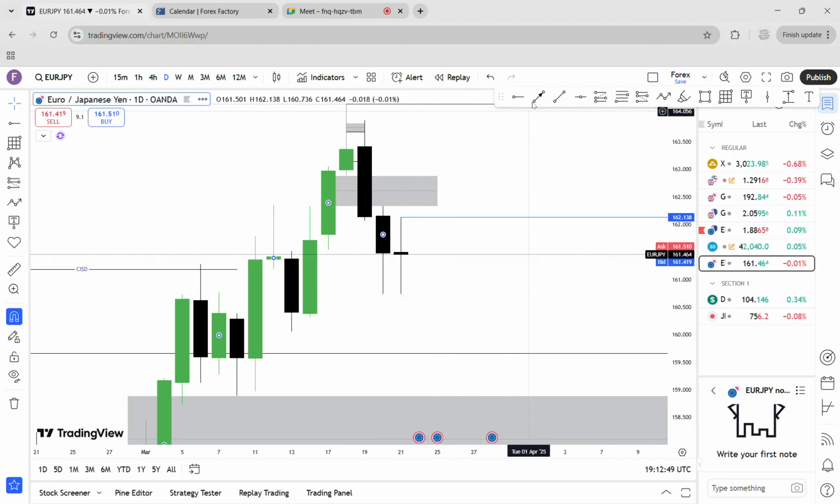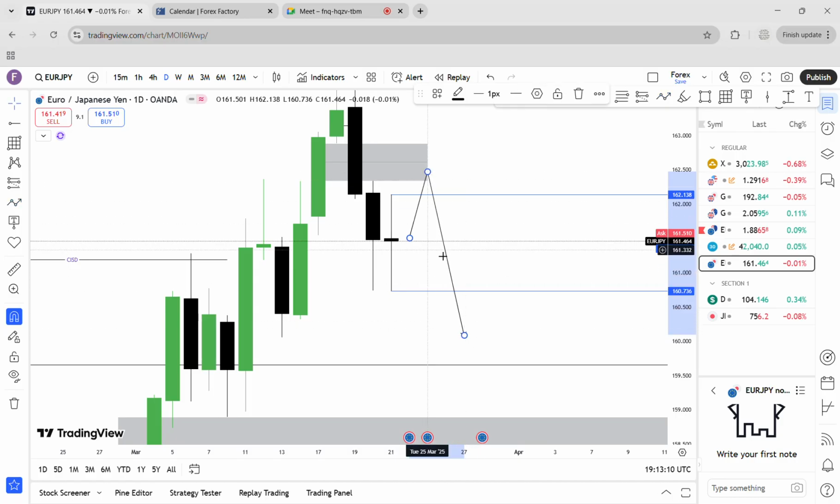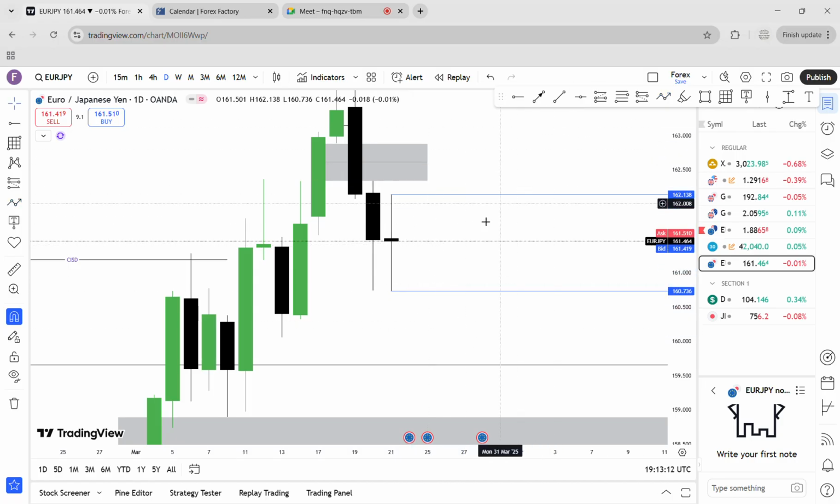You should not pay so much attention that we need to take out the high before going to the downside. No. It's not every time. This is a consolidation market. We can expect expansion directly without seeking the high as a fake out first before expanding. We can do that, but it's not every time.